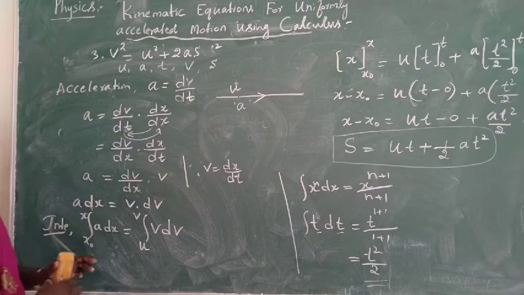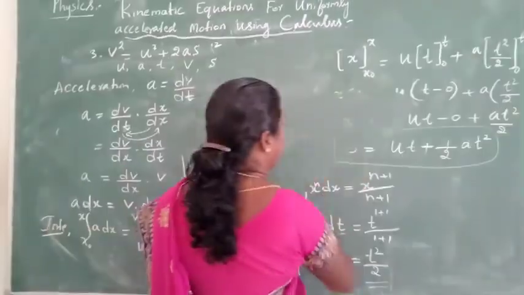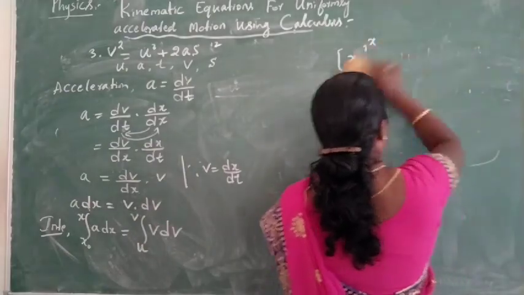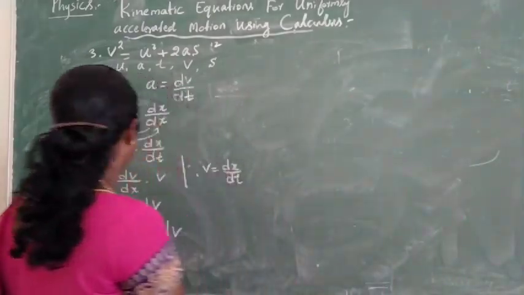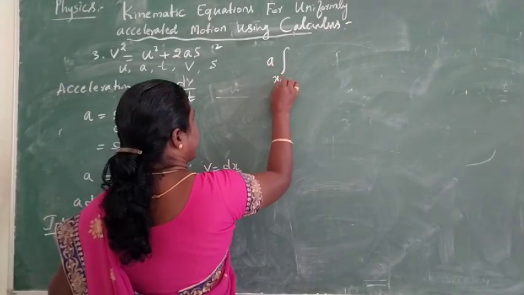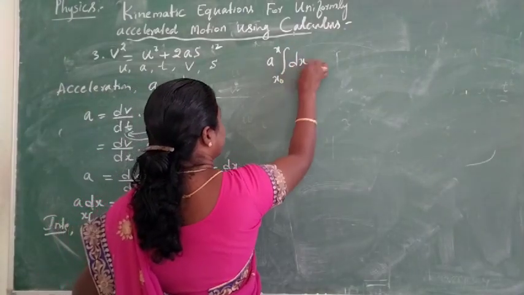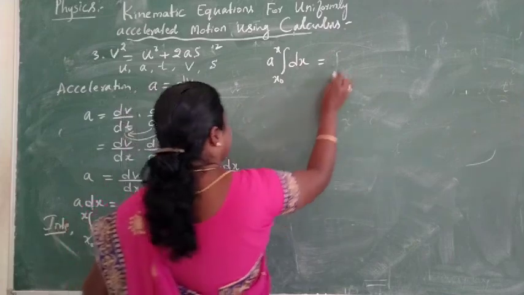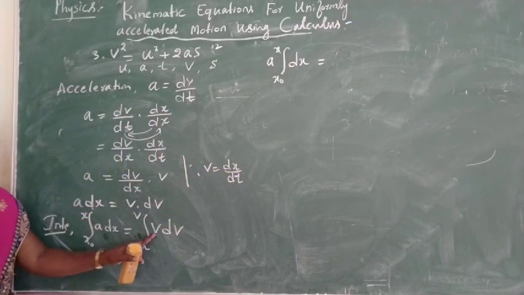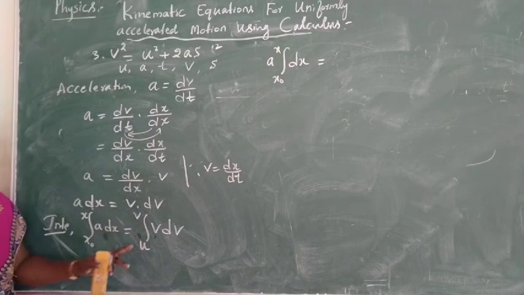Using the integration formula, we can rewrite these terms. A is a constant, so a into integral x0 to x of dx. Here we cannot take v as a constant, because there is a change in velocity from initial to final.